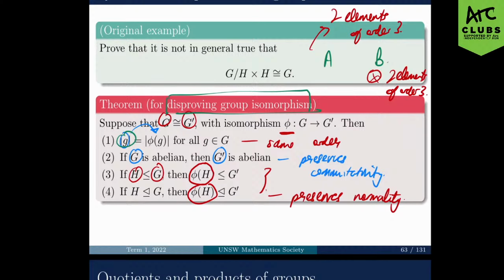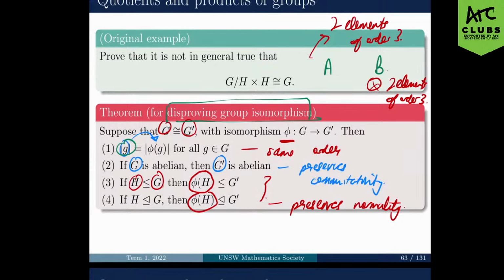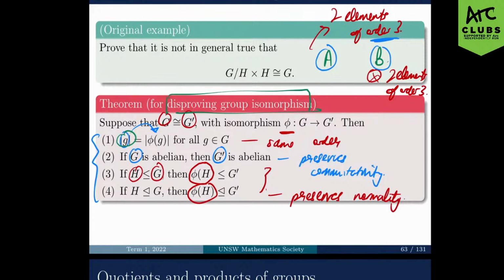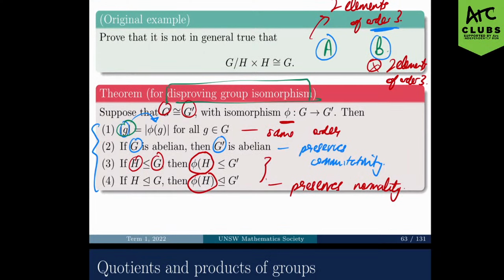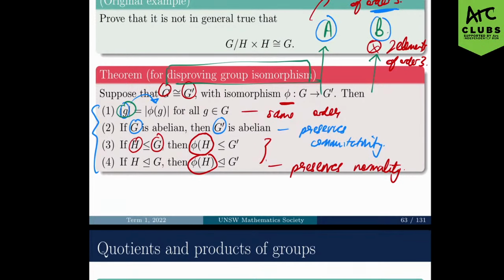They can't be isomorphic, because then every element of order 3 needs to be mapped to another element of order 3 in B. So there's something not quite right if we say that these two are isomorphic. So these kinds of properties are useful because we can say, for example, if B is not abelian, A is abelian, well then also they're not isomorphic. So this whole idea of these four properties is if we can identify cases where they don't hold, then we can disprove isomorphism.